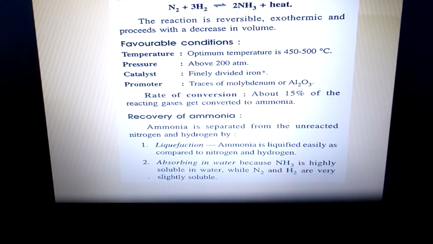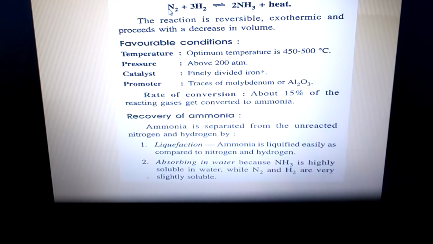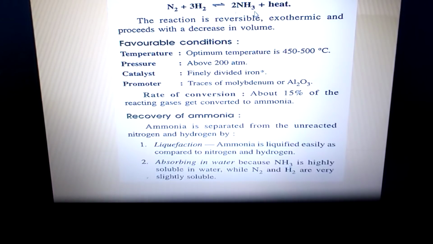So, what is the reaction taking place in the catalytic chamber? The reaction is 1 volume of nitrogen reacts with 3 volumes of hydrogen to give 2 volumes of ammonia gas, and you can see heat. So, this reaction is highly exothermic, it's reversible also, and it proceeds with decrease in volume.